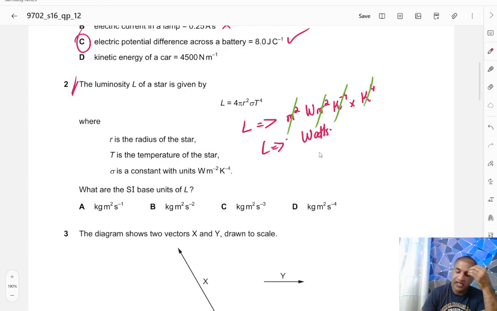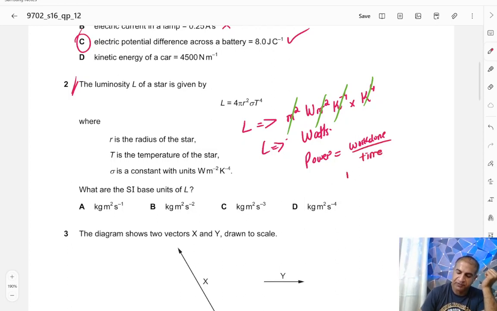So what is the unit of watt? Let's see what is the unit of power. Power is actually work done per unit time.